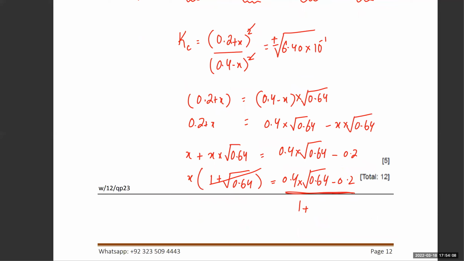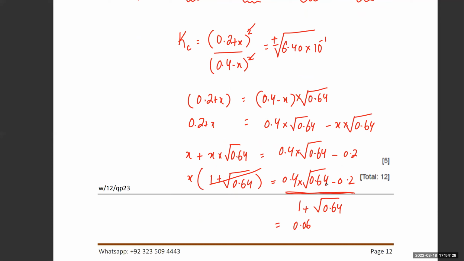So 1 plus 0.64 under root. So one of the x values would be this one, and the other one, ये मुझे कोई calculate करके बता दे. What is this? What are you getting for this? 0.06. So you're getting 0.06.